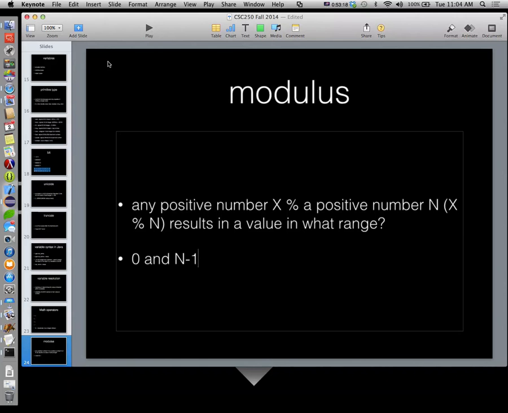Similarly, you could ask, for long division, what's the range of values that the remainder can be? It's the same question, just asked in a less techie way. Okay? Questions about modulus?